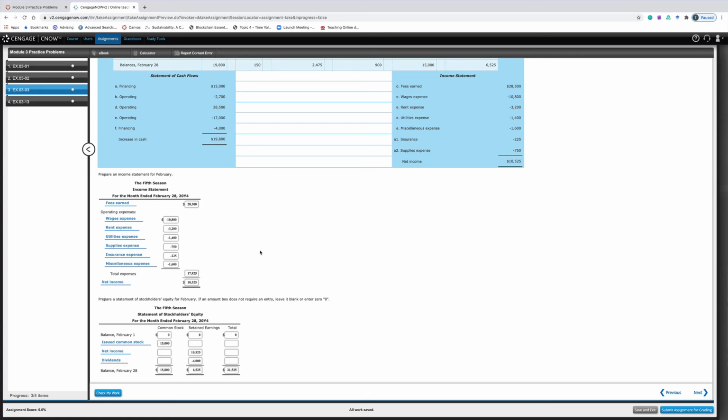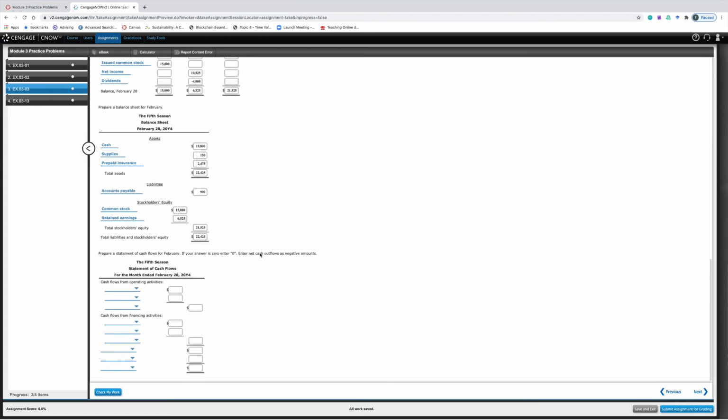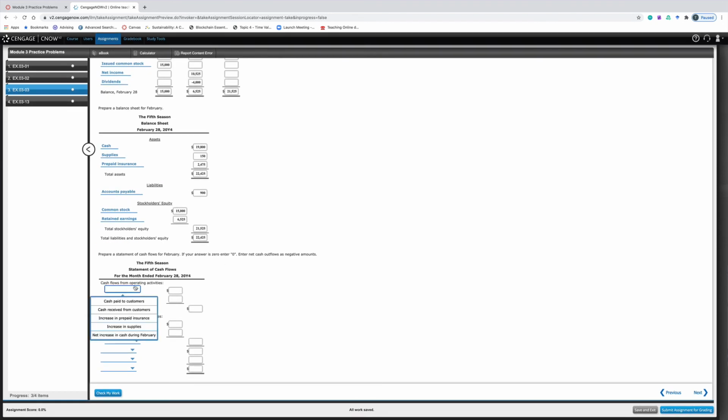Okay, so let's go down and pick those up. And what you see also, so here is our cash flow from operating activities. So we have cash received from customers, cash paid for expenses, and then we have a subtotal, which is net cash flows from operating activities.